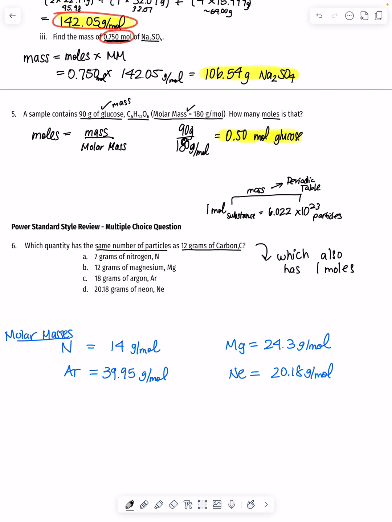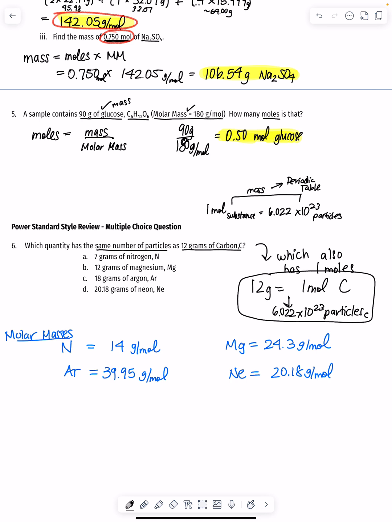Because 12 grams of carbon is equal to 1 mole of carbon, which is 6.022 times 10 to the 23rd particles of carbon. So in order for me to have the same number of particles, I would have to have 1 mole of my substance, aka match the mass on the periodic table.